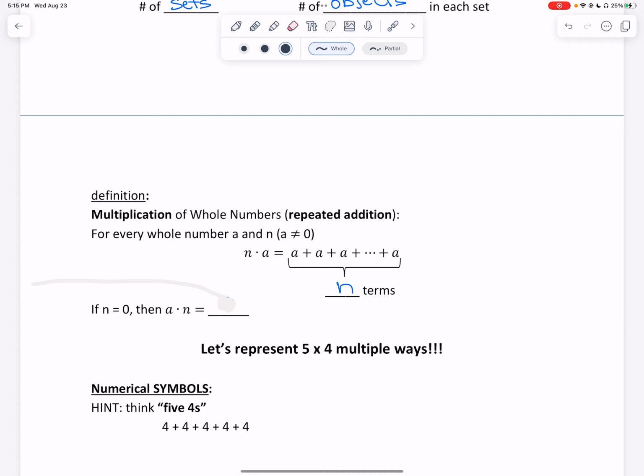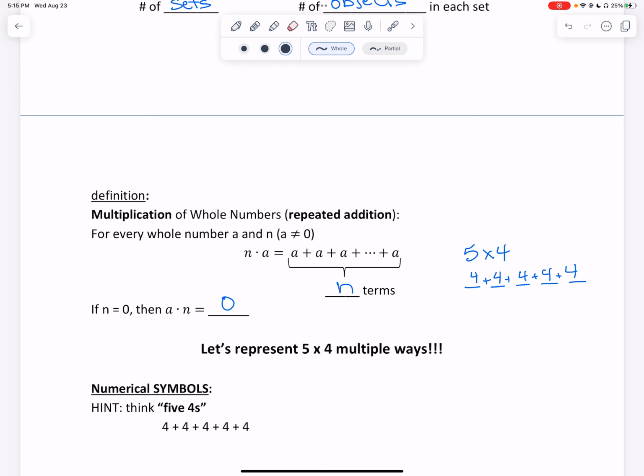Again, if you think of it as 5 times 4, we're going to have 5 sets, 1, 2, 3, 4, 5 of 4s, and then we add them together. If n is 0, that's the fact that you have 0 sets. So if you have 0 sets, then the answer is going to be 0.